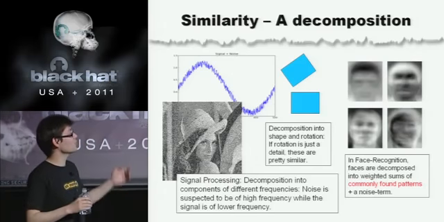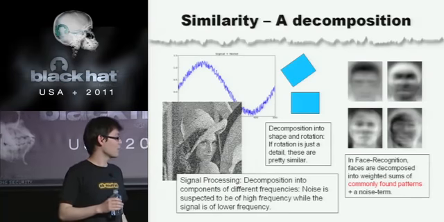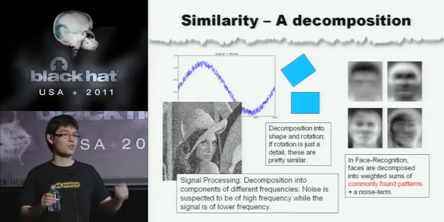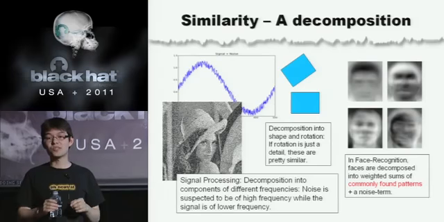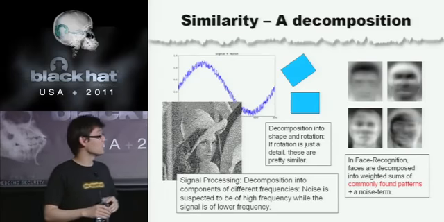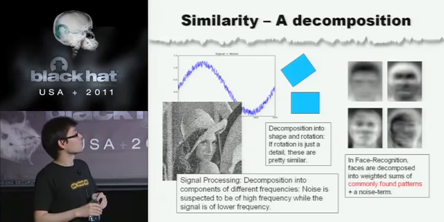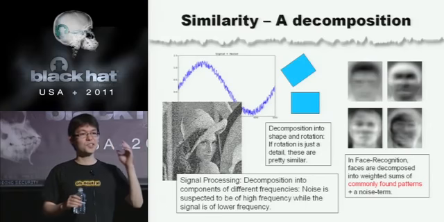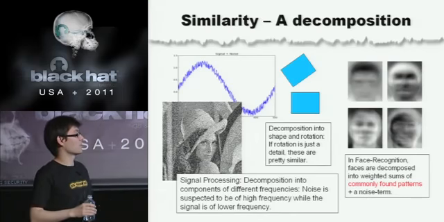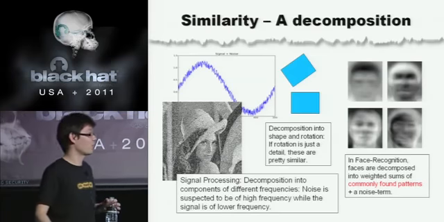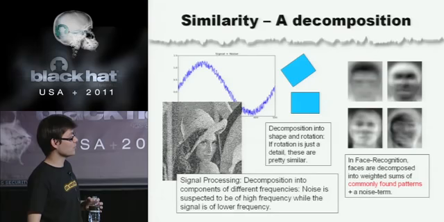If you look at signal processing, you usually say that the big picture is in the low frequency part of the signal, and the details are in the high frequency part. So if you take the sine curve up there, the big picture is the sine curve, and all of that gibberish there is just the details, noise.